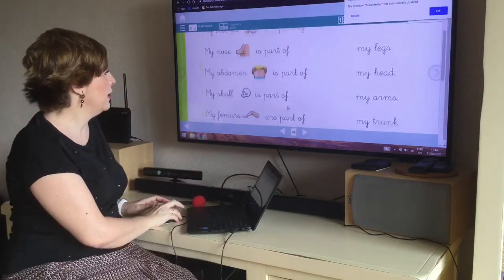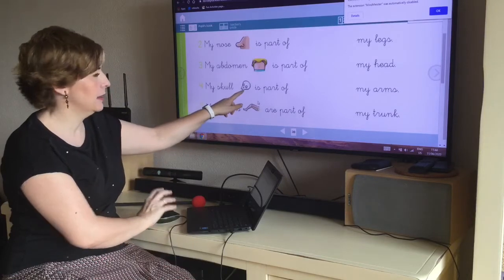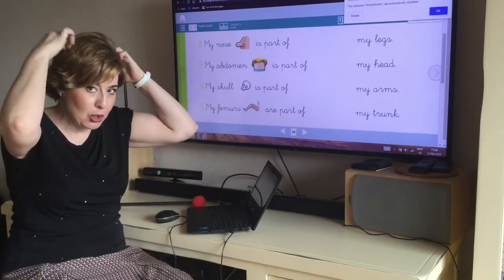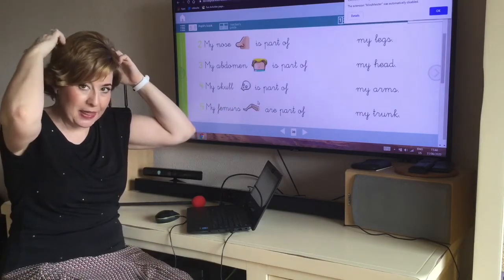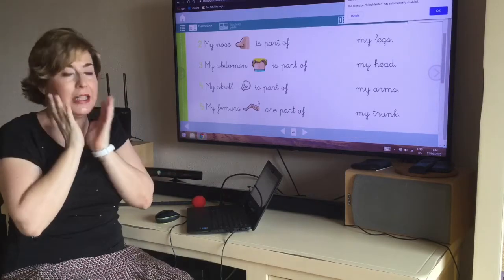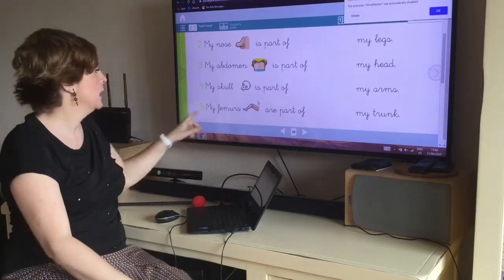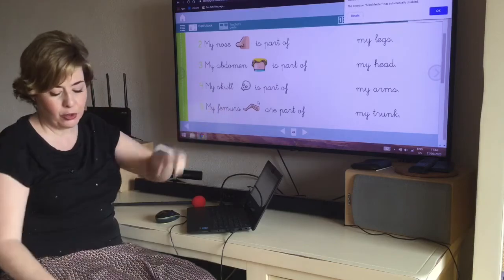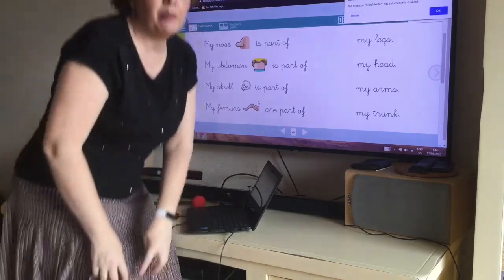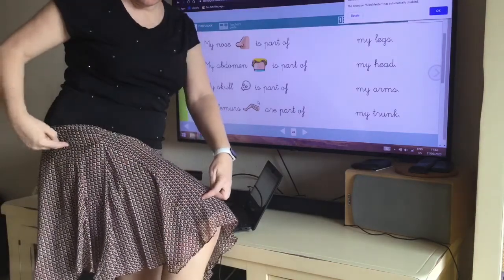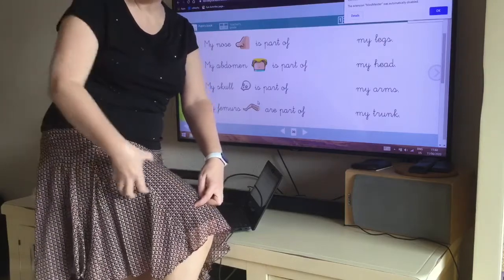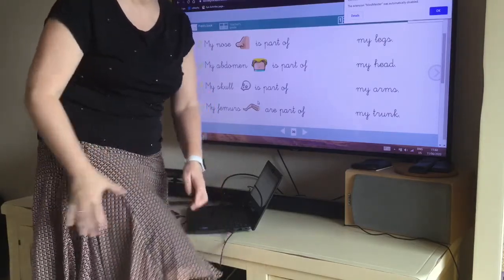Then you have the skull, which is the bone in your head, not the face, the bone. And then you have the femur, which is the bone that goes here, the bone inside your leg.